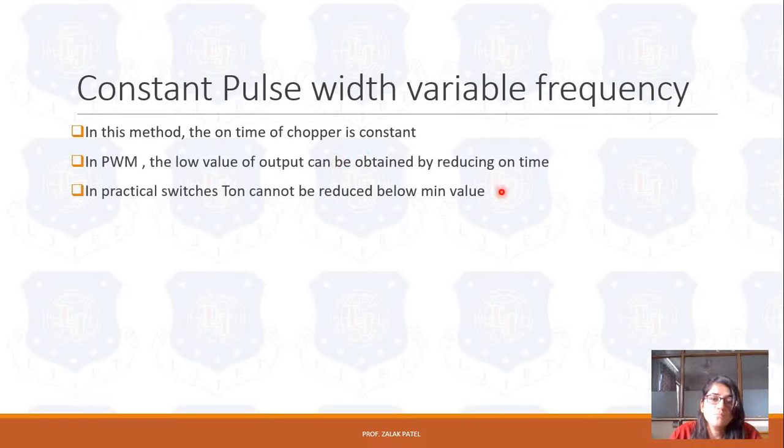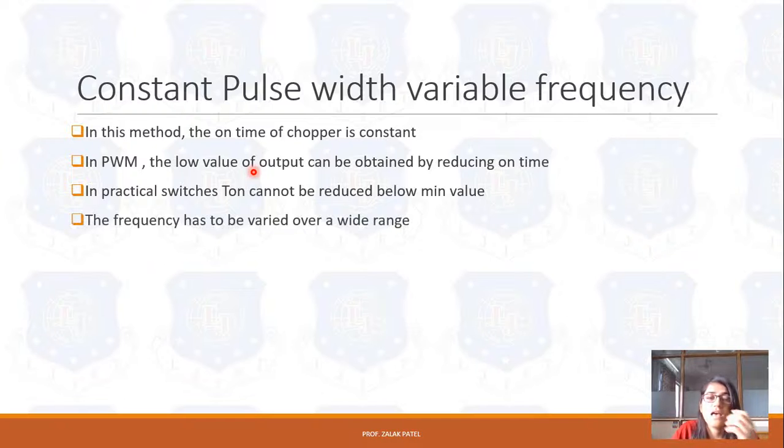In PWM, we can say that the output is controlled by varying the time, because it depends on the frequency. In practical switches, T on cannot be reduced below a minimum value, because if the on time is reduced too much, the device can stop working. That's why in practical switches, T on cannot be reduced below the minimum value, and therefore the frequency has to be varied over a wide range.